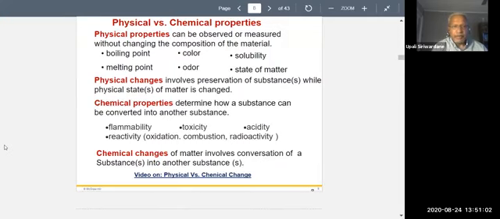Physical properties of matter are their boiling point, at which temperature they boil, or melting point, color, odor, solubility, whether it's dissolved in water like sodium chloride, and the states of matter, whether it's a liquid or gas or solid.